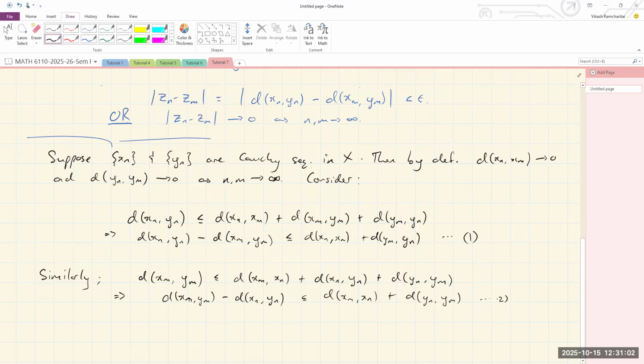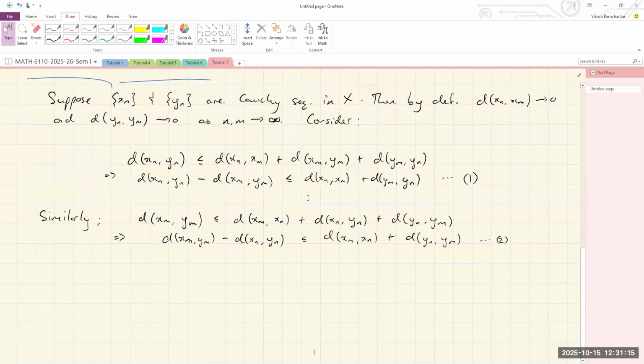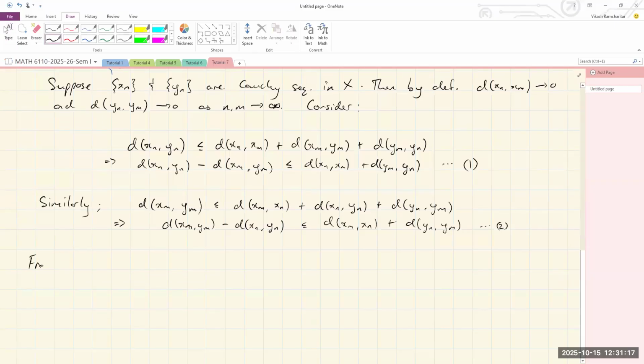And I could call this guy 2. So from 1 and 2, if you combine both of these inequalities, then notice that what I have on the right-hand side of 1 and 2 are the same.